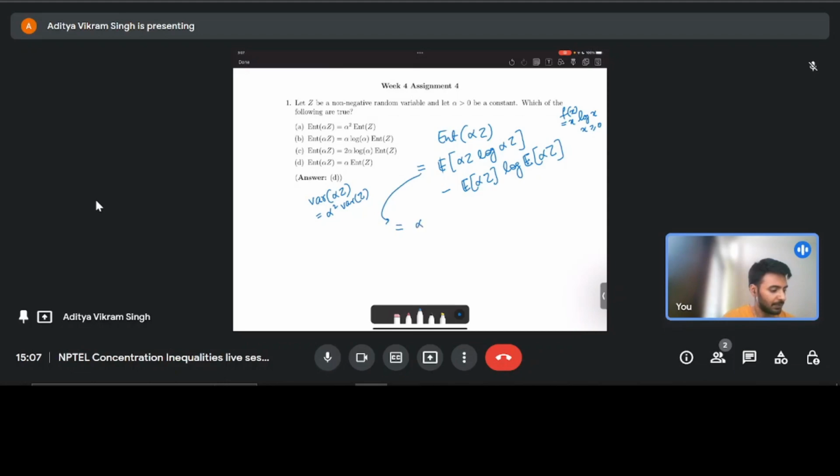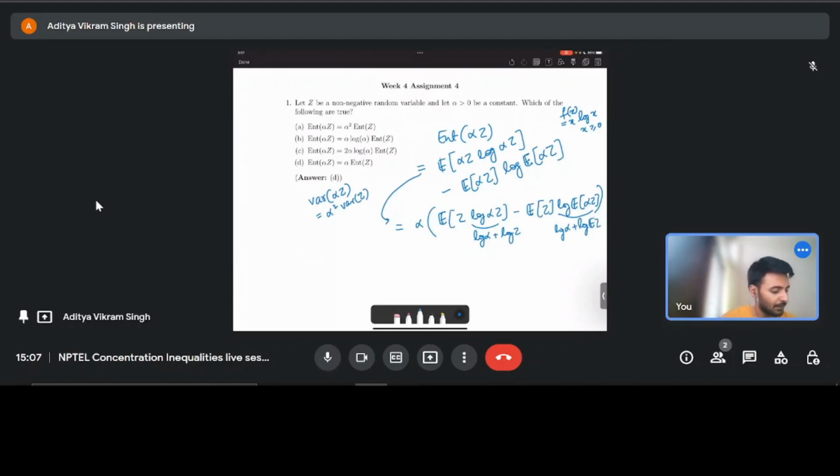this would be alpha into, you can write this as expected value of Z log alpha Z minus expected value of Z log expected value of alpha Z. Then you can write this as log alpha plus log Z, and similarly, this would be log alpha plus log expected value of Z, because the alpha comes out.